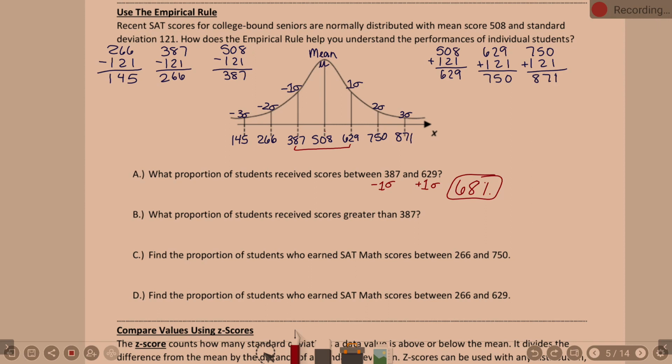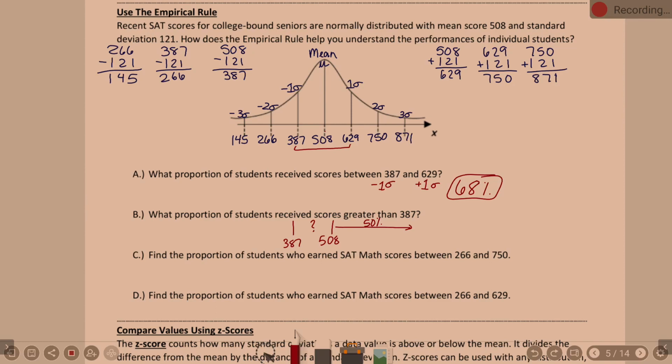What's that mean? How much of the data is to the left of the mean? How much is to the right of the mean? 50%. That's a 50% dividing point, yes? So we know there is 50% to the right of 508. What else do we need to know? We need to know how much is between 387 and 508, yes?